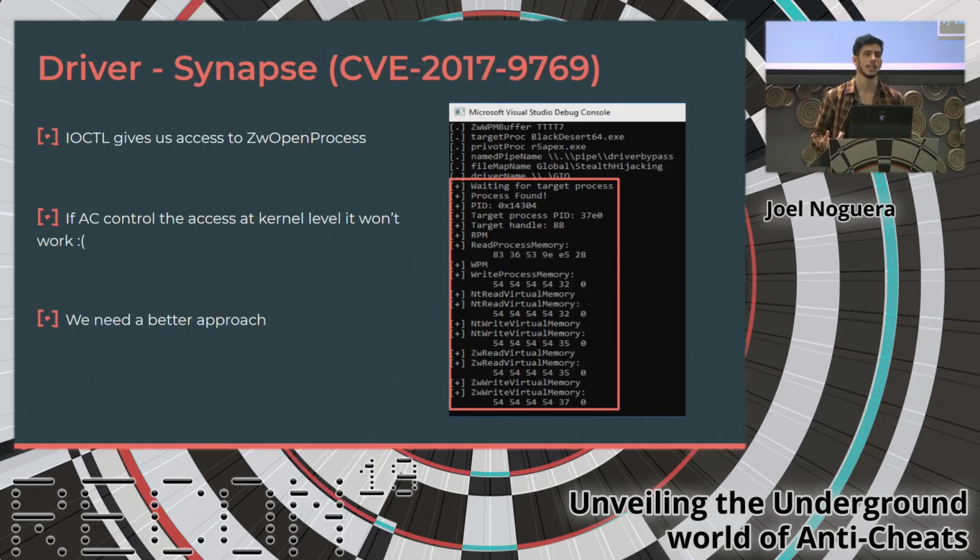The thing is that sometimes anti-cheat implements protections, and when you call this handle from user mode and try to use it, they will also get you. This method didn't work very well with all the anti-cheats I was testing, so I decided to move further and try a different technique.